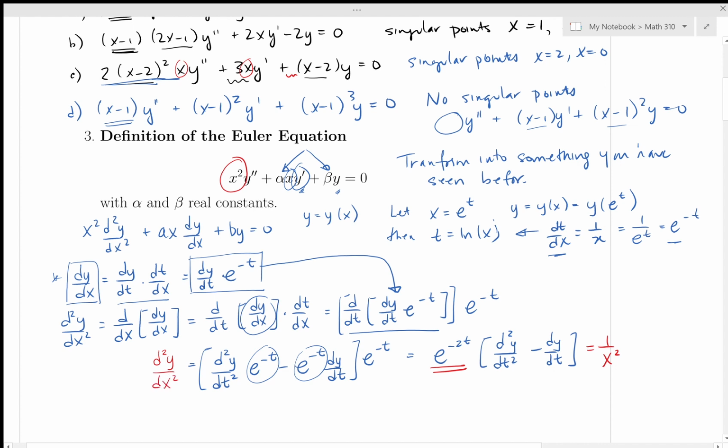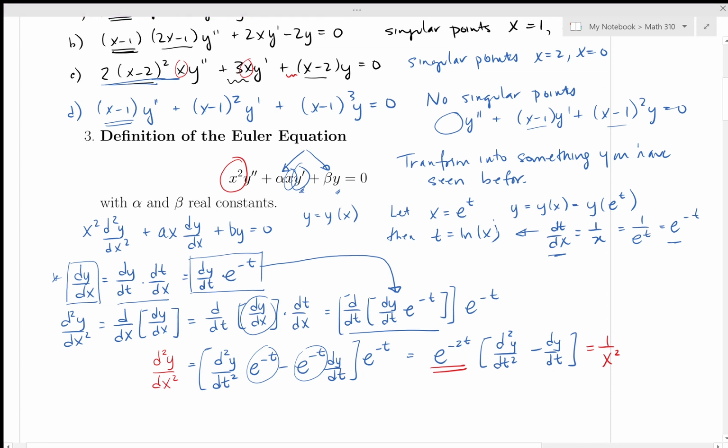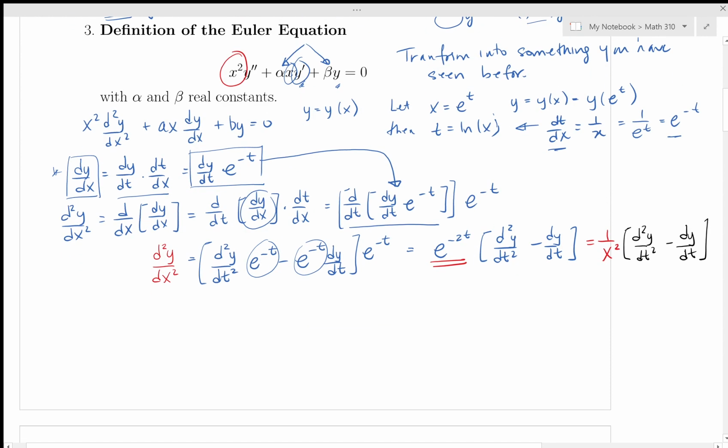So I got that 1 over x squared, and then that is going to be multiplied by this thing here, d2y by dt squared minus dy by dt. Okay, we're actually making headway.